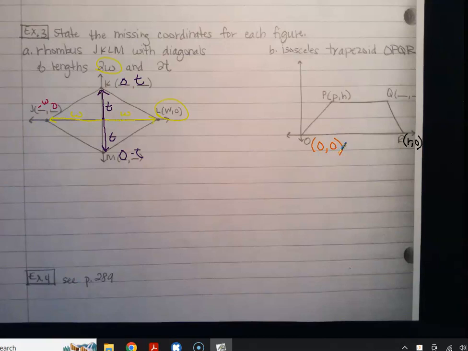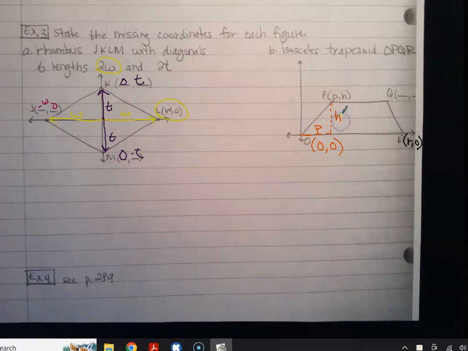So then how are we going to describe Q? We really only have to find Q, because we know P is P, H. So what does the P tell us? Left and right or up and down? The first number tells us the sideways. So we're coming over, and this distance is P. So what's this?